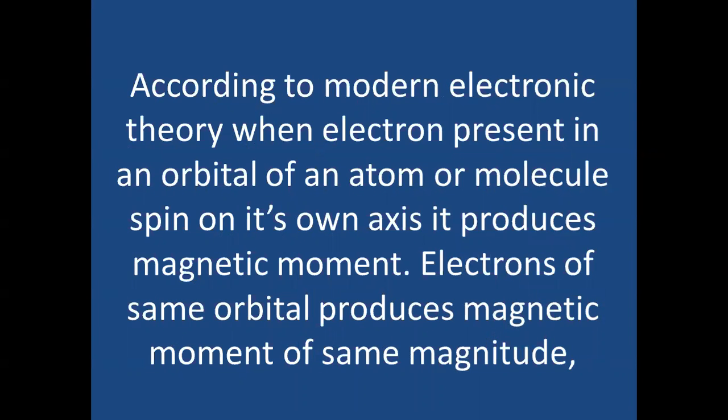According to modern electronic theory, to explain the magnetism, the theory says that when electrons present in an orbital of an atom or molecule spin on their own axis, they produce magnetic moment.